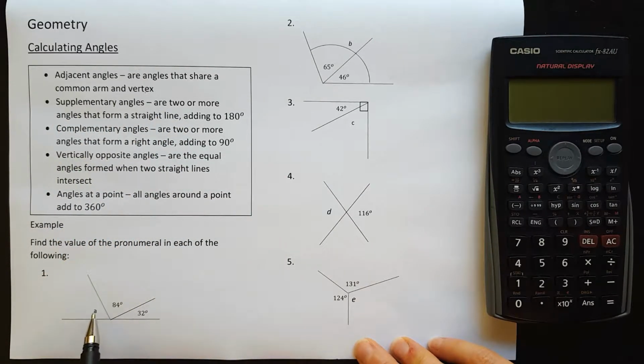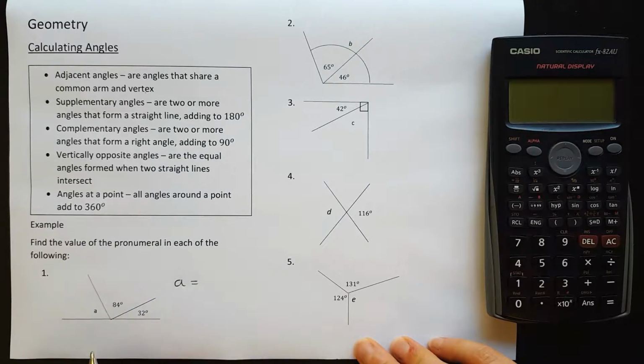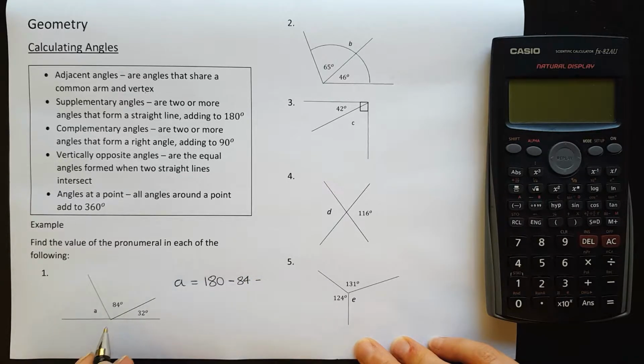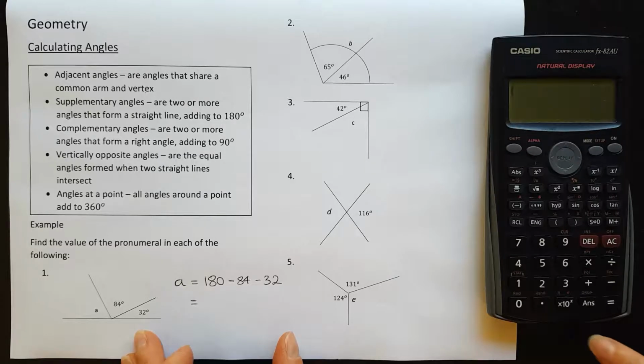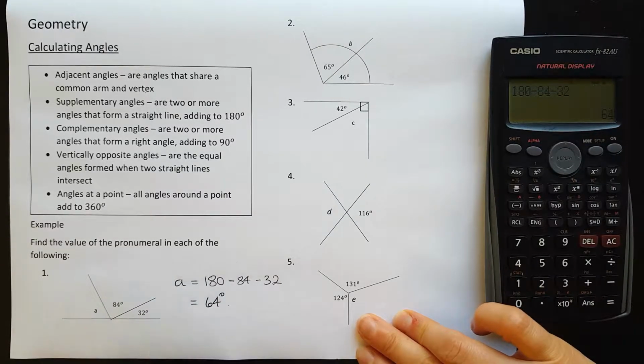So if I want to find A, because they all have to equal 180 degrees, I start with 180 and subtract off the two angles that I know, and that will leave me with the one that I'm trying to find. So A is going to be equal to 180 minus 84 minus 32. On the calculator, 180 minus 84 minus 32 is equal to 64 degrees.